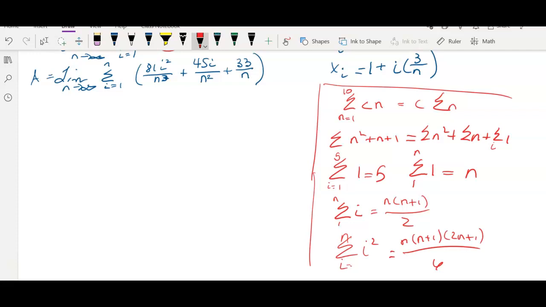Same thing. That's the whole definition of summation: putting the next value in.